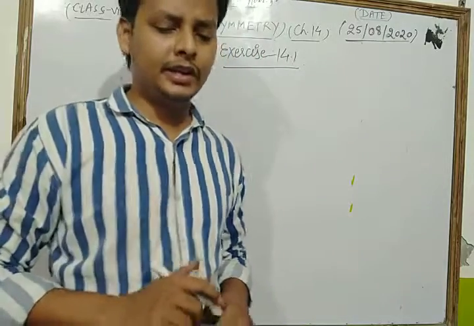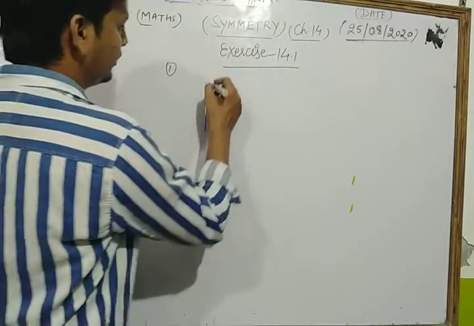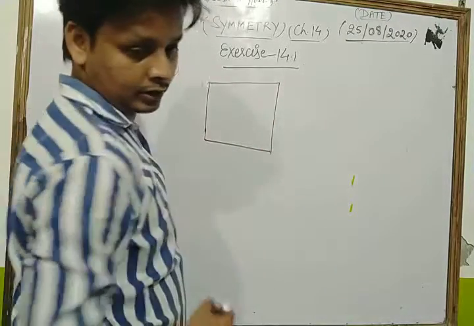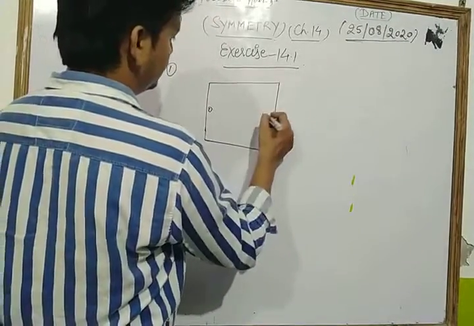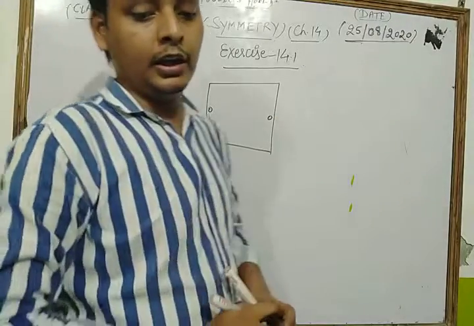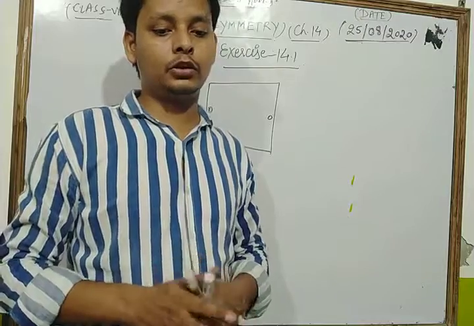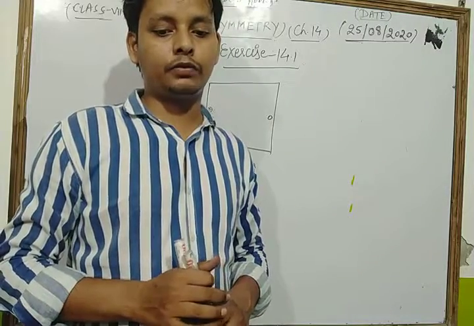Okay, this is very easy, dear students. In that question you have a figure, and in that figure you have a line. Here, copy the figures with punched holes and find the axis of symmetry.